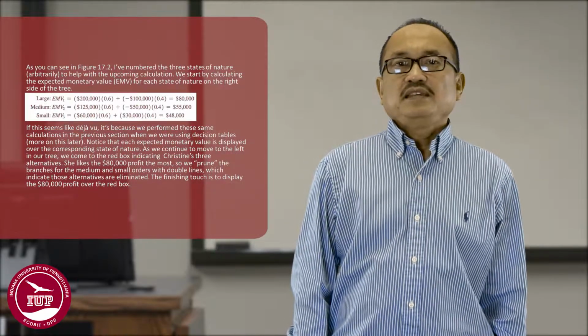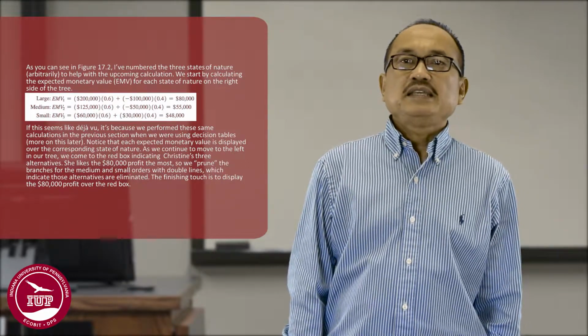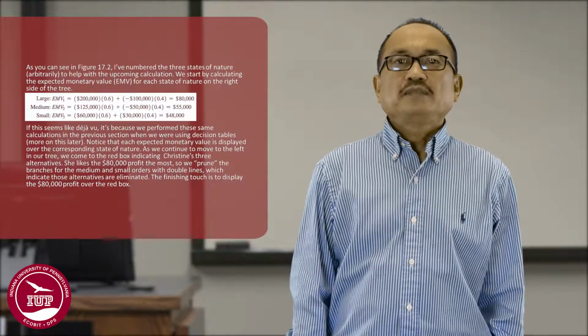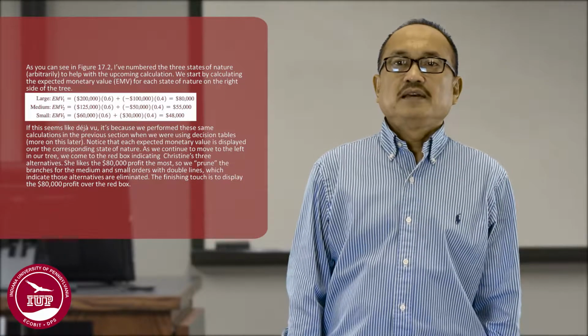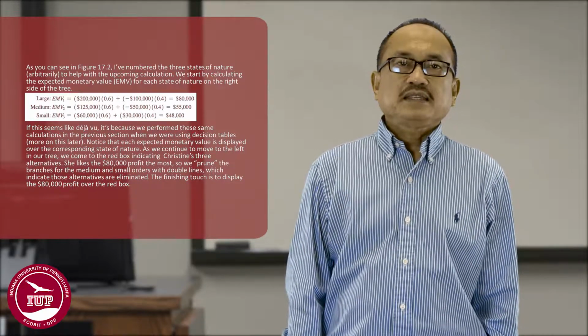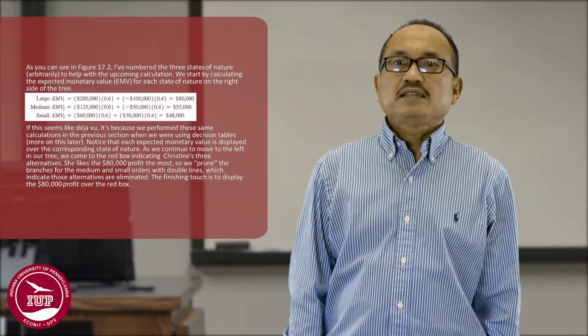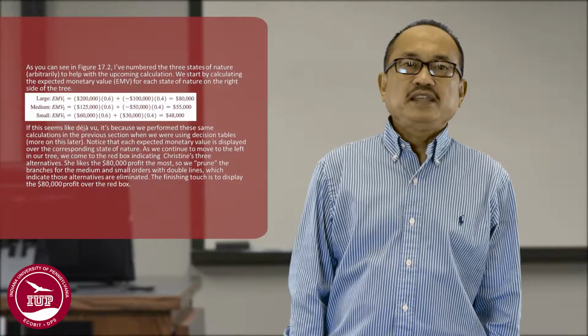As you can see in Figure 17.2, we've numbered the three states of nature arbitrarily to help with the upcoming calculation. We start by calculating the expected monetary value, or EMV, for each state of nature on the right side of the tree.